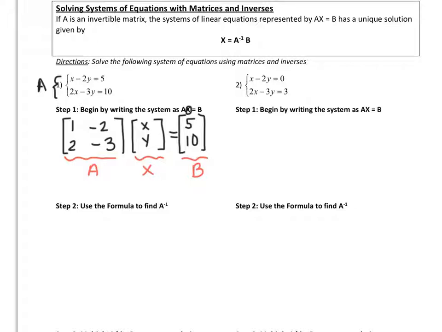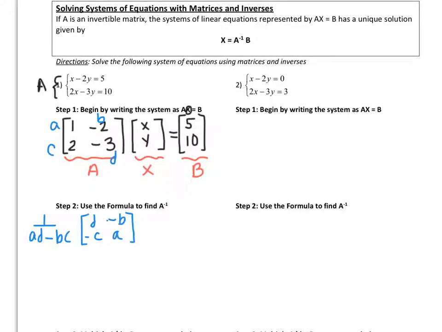So remember the formula for the inverse is 1 over AD minus BC times the matrix D, -B, -C, A. So if this is the matrix A, this is your A, B, C, D.